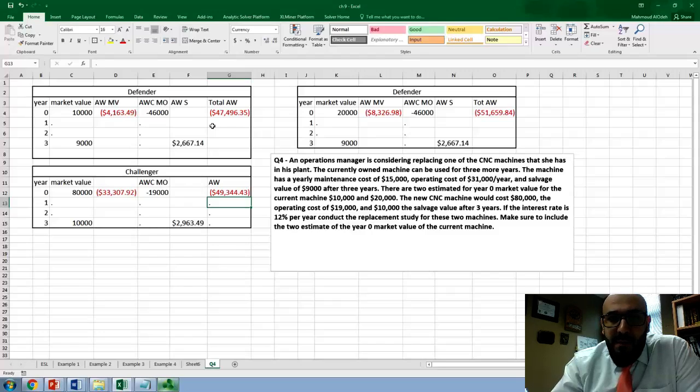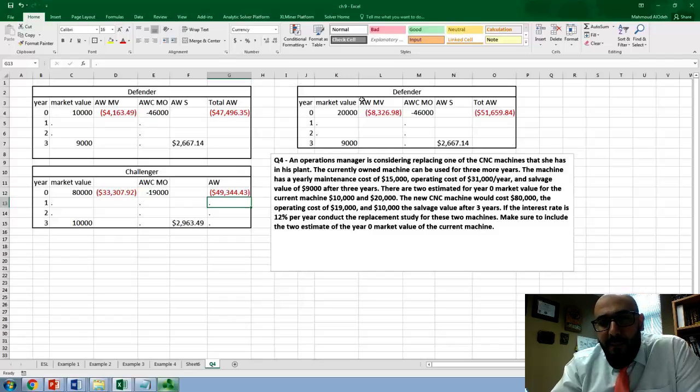We can keep the current machine for 3 years, and then later on, after 3 years, we could change that. So again, if $10,000 is the market value for the in-place machine versus the Challenger with the $80,000 market value, it is cheaper to keep the Defender.